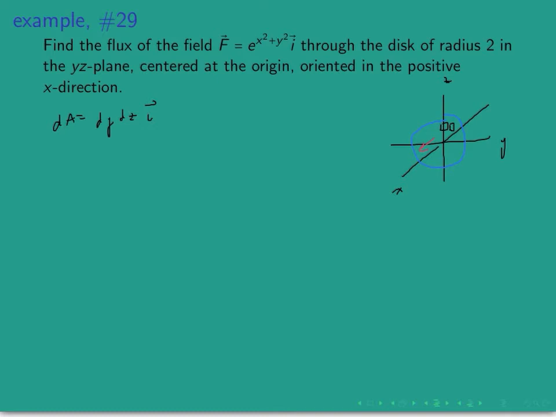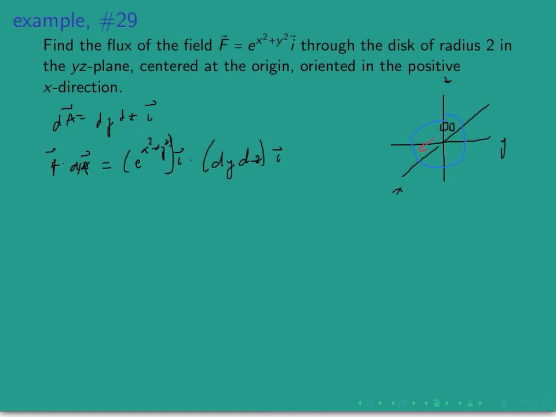Okay, so let's then think about what F dot dA looks like. F dot dA is the vector field, e to the x squared plus y squared i, dotted with dy dz i.